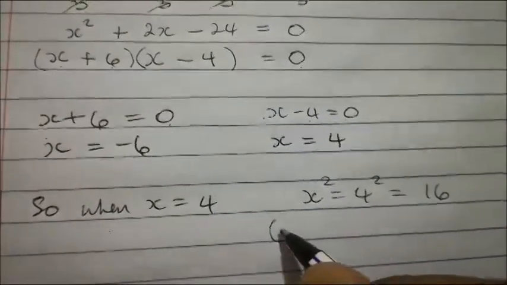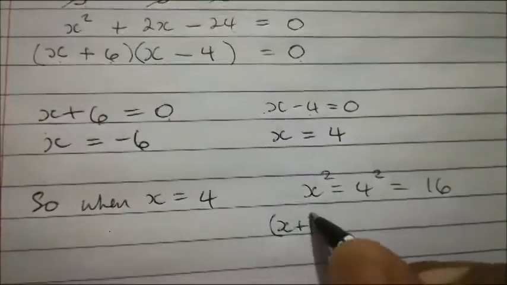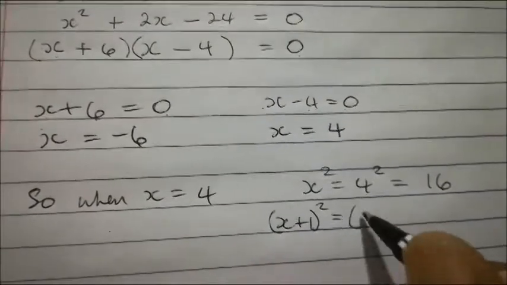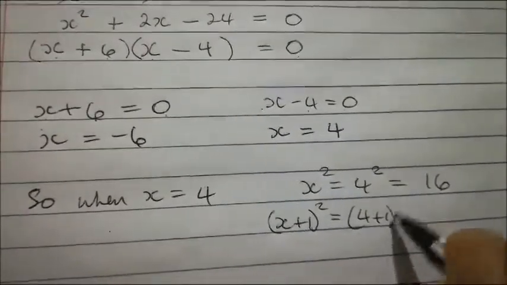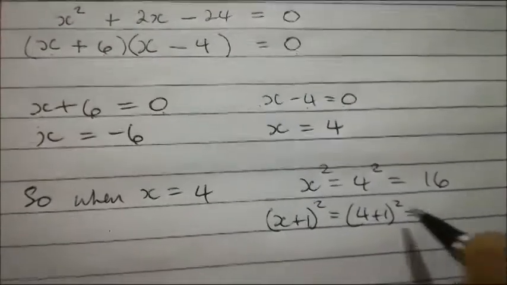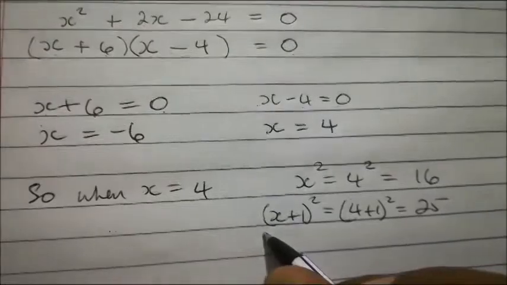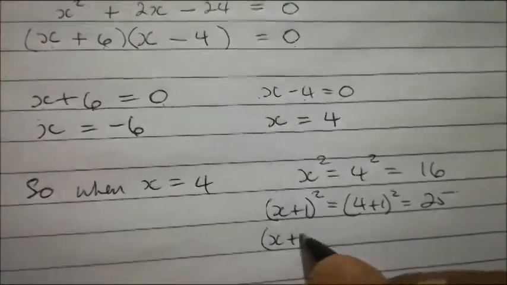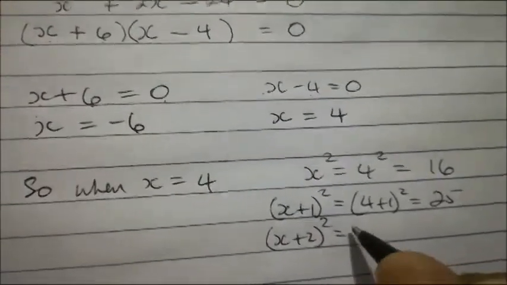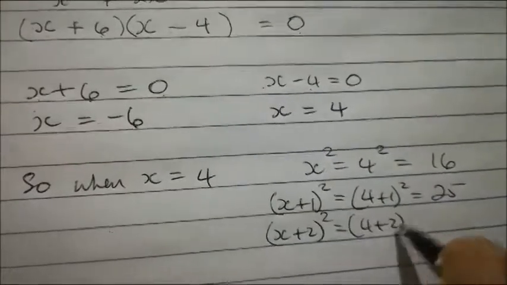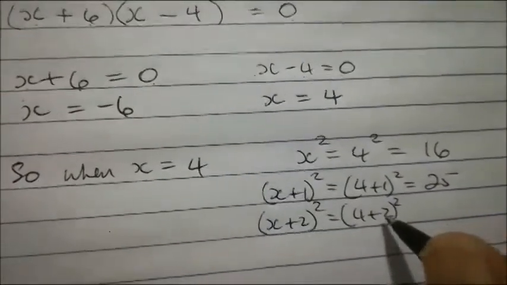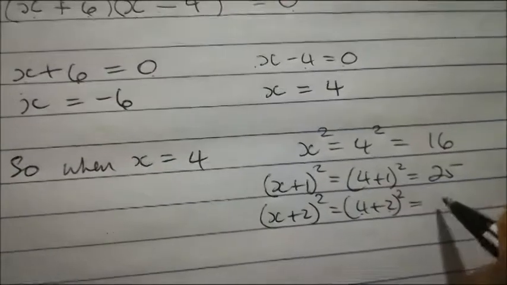The next number would have been x plus 1, squared, which is equal to 4 plus 1 squared, which is 5 squared, equal to 25. The other number now is x plus 2, which is equal to 4 plus 2 squared. 4 and 2 is 6. 6 squared is equal to 36.